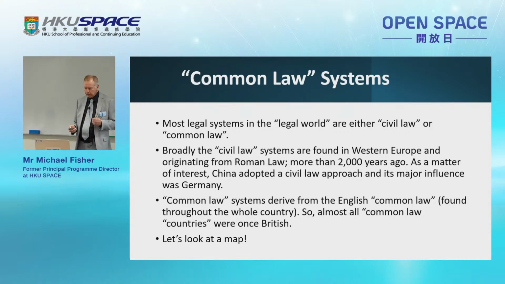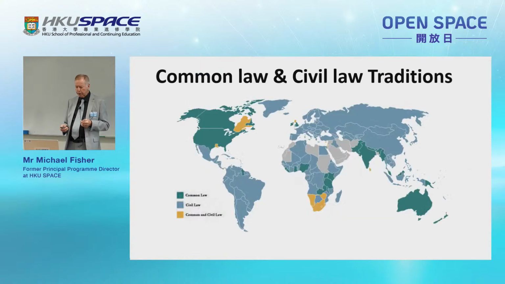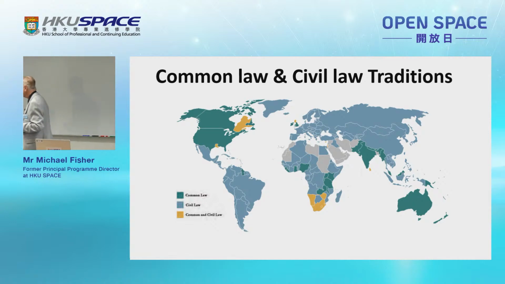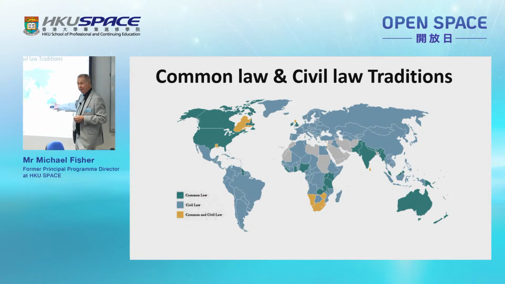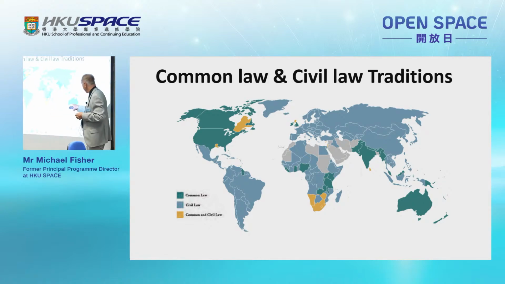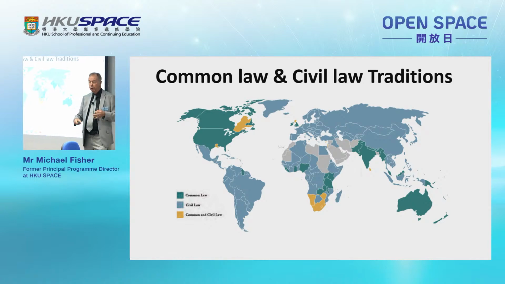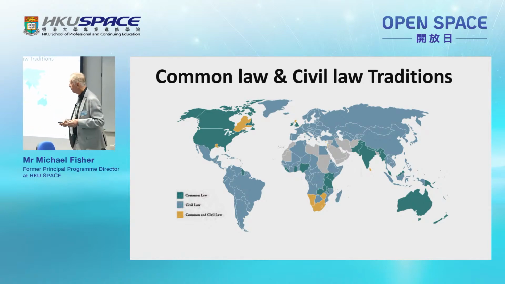So, let's look at a map. How good are you at your geography? So I'm going to test you. Where's this? Australia. Okay. And notice, darkest, it's a common law system, because it was British.